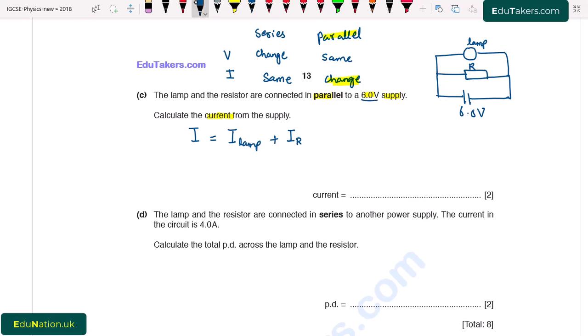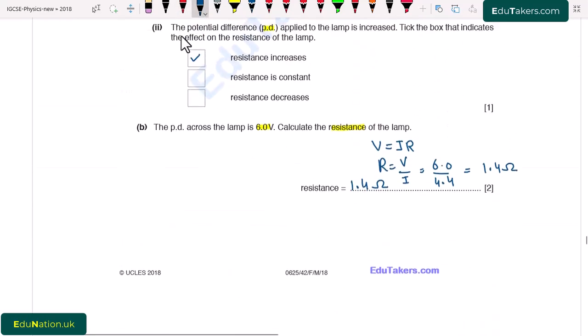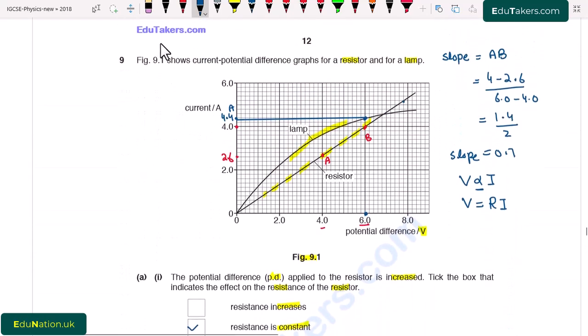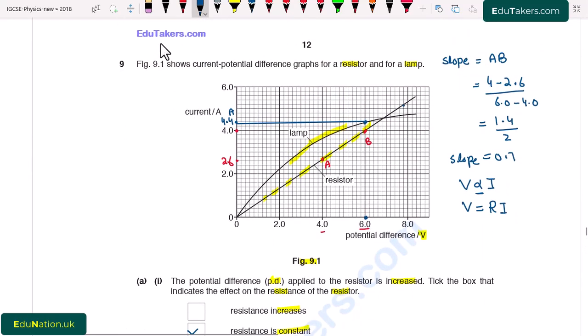So first of all we go back to the graph and find out the corresponding values of current. So here we already see that at 6 volt the value of current for lamp is 4.4 ampere while for the resistor it is 4.0.